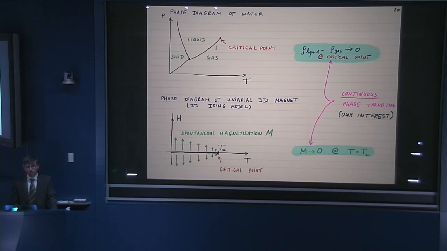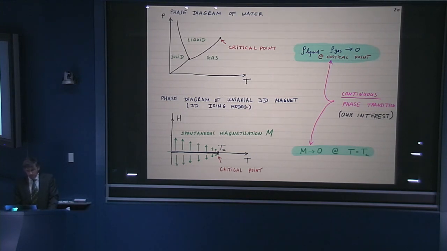If you go around this critical point and connect gas to liquid without crossing any lines, these lines are the lines of discontinuous phase transitions. The distinction between liquid and gas disappears because at this point the density of liquid becomes equal to the density of gas. So this point is precisely an example of the critical point to which this bootstrap theory is going to apply.